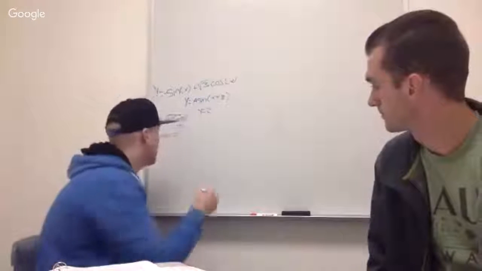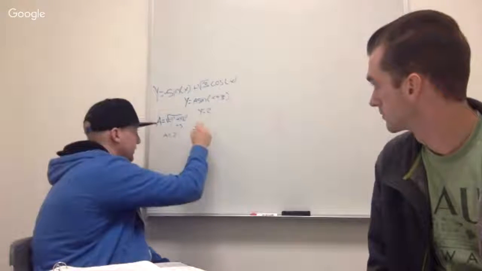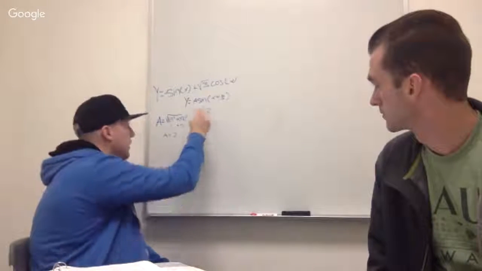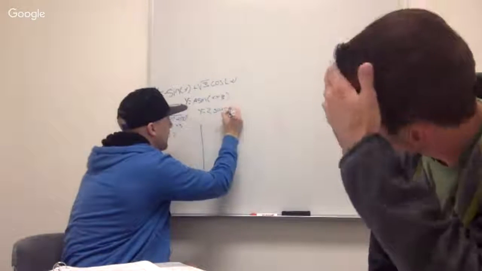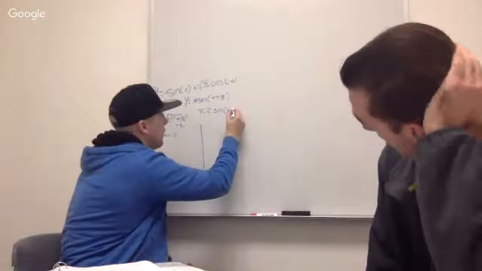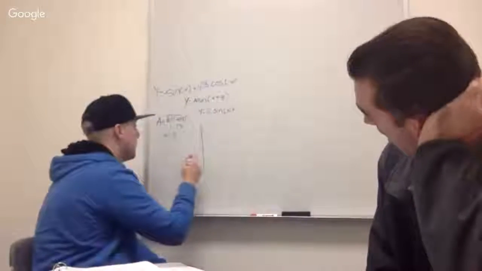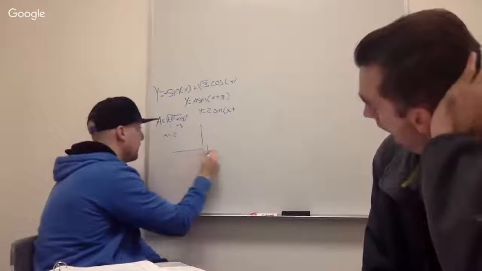So to graph it, this is how you find out what value. So right here we got sine, and we have x, but we don't know what b is. And this is what the graph gives us.